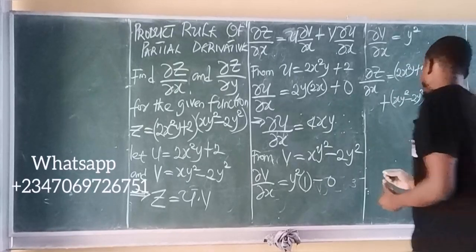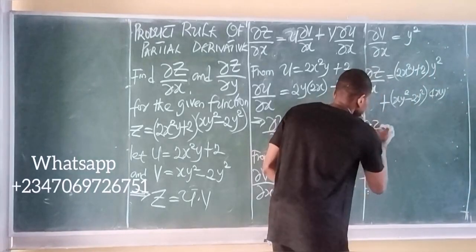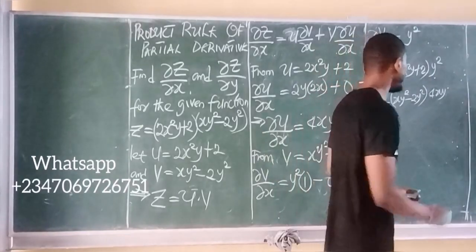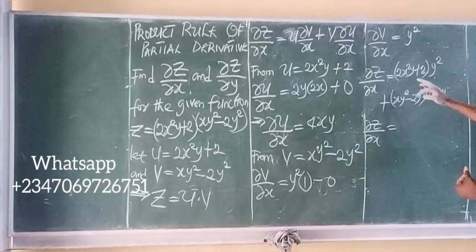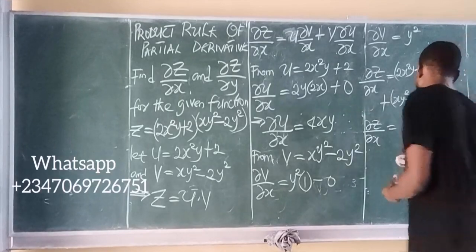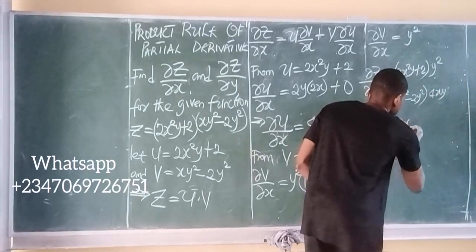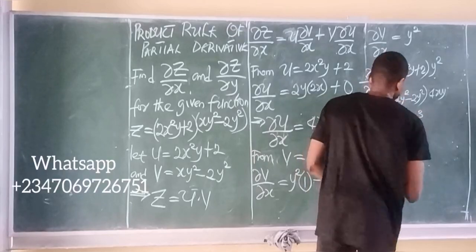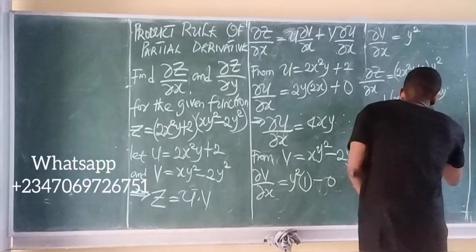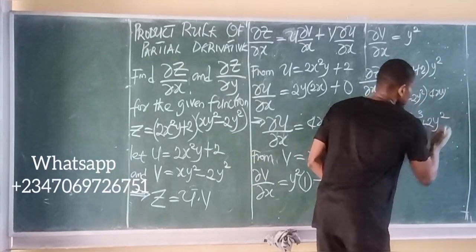Okay, so if we do that, we have partial z partial x is now equal to, let's expand the bracket now. Of course, 2x squared y multiplied by y squared simply gives us 2x squared y cube. Same thing here, 2 multiplied by y squared simply gives us plus 2y squared.